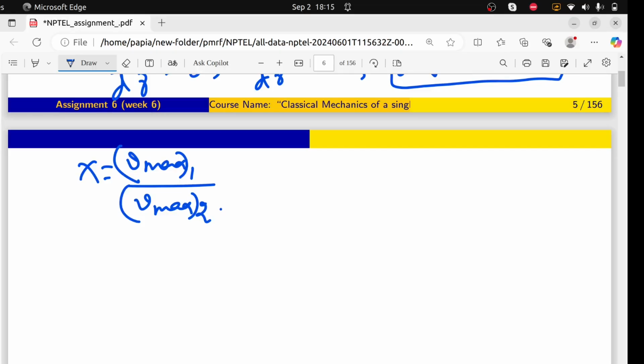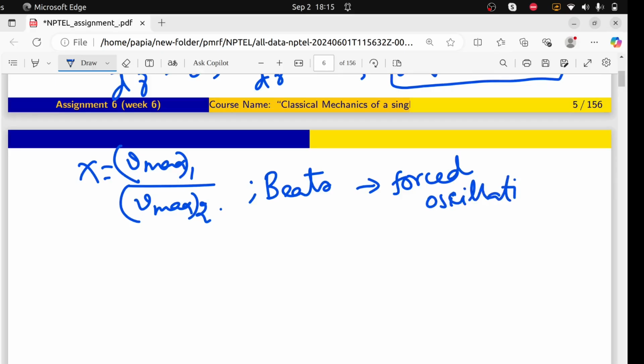In case 1 and case 2, he was calculating the maximum velocity value, then took the ratio of these two velocities and calculated the chi value. Another thing was beats. He was talking about beats for the forced oscillation condition basically.